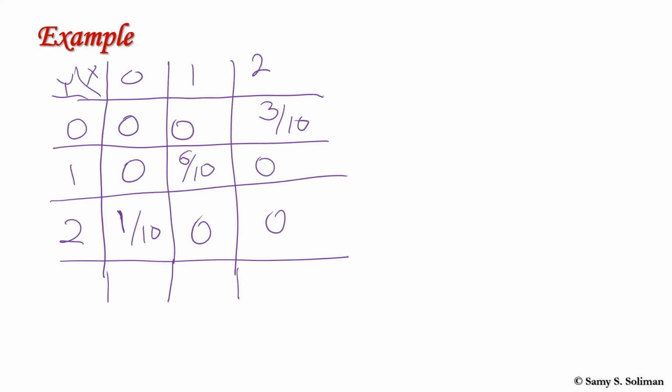Again, let's try to understand this through an example. This is the table of the joint probability mass function in the previous example, where we had a box of 5 balls, 3 red and 2 green, and we withdraw a sample of 2 and we find the probability mass function.